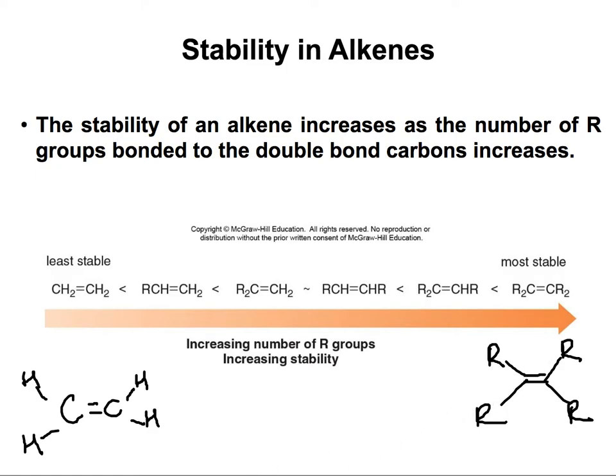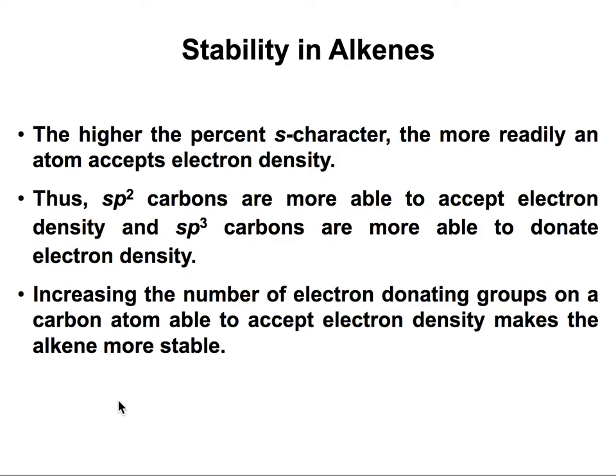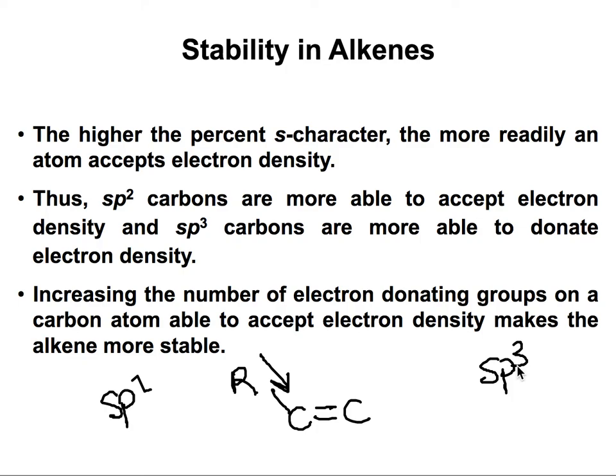And the reason for that is because an sp2 hybridized carbon, like the ones in the alkenes, has more s character, which means that it can accept electron density. So when you have an R connected to that sp2 hybridized carbon, it will be donating electron density, and that sp2 hybridized carbon will be able to accept it. That doesn't happen so much when you have an sp3 hybridized carbon, because an sp3 hybridized carbon doesn't have so much s character.